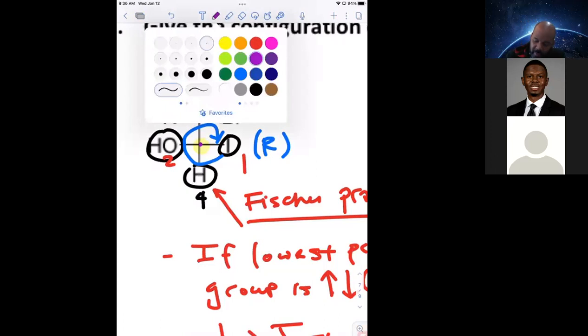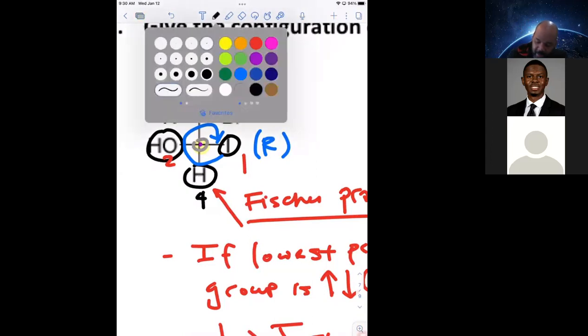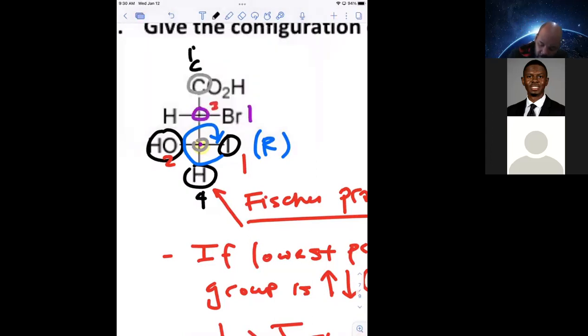Okay, why do you say that? Because it's connected to iodine, hydrogen, and then the OH group. Okay, I agree with what you said, but I'm also looking at the fact that the top carbon is a carboxylic acid. So it actually looks like this, right?